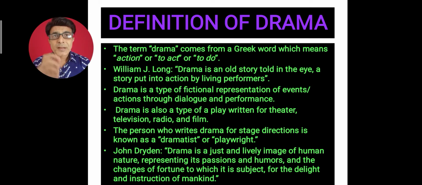First of all, John Dryden, in the beginning of his definition, said that drama is an image. Image means reflection. Drama is a reflection. Now, the question is, reflection of what? And the answer is, drama is an image or a reflection of human nature. So, the dramatist represents human nature on the stage.